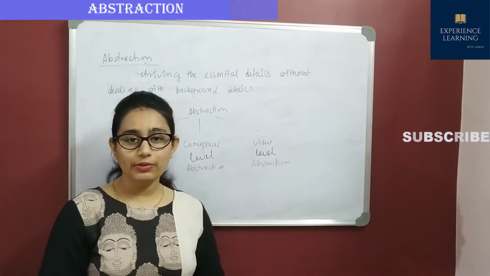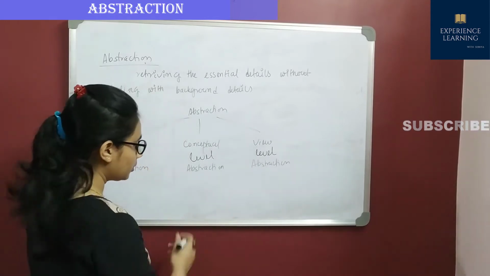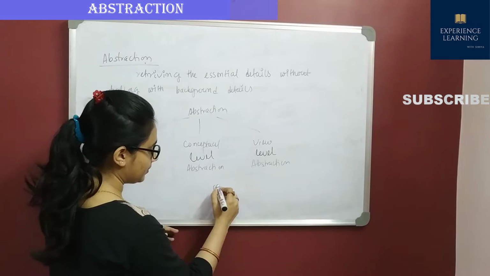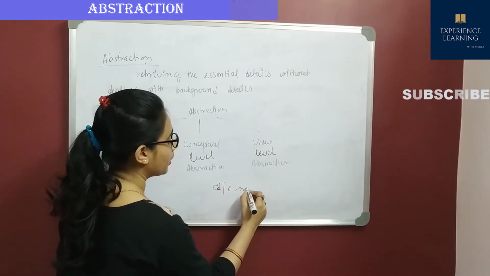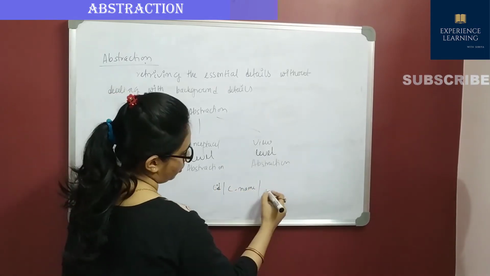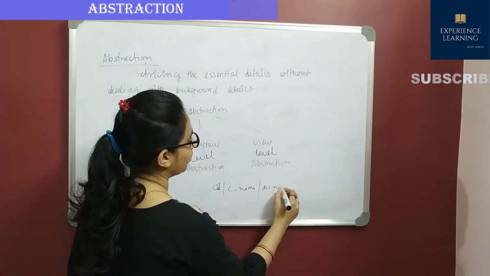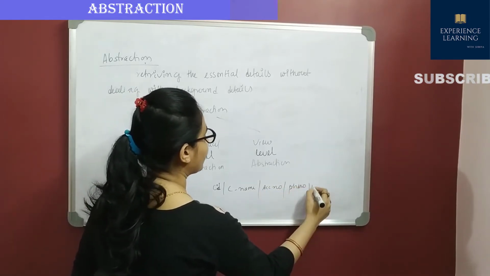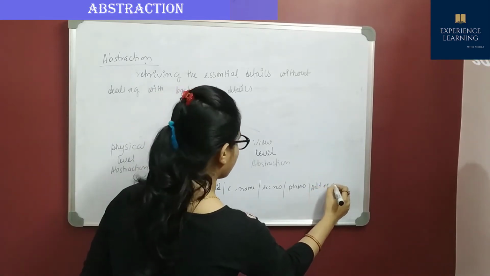And view level abstraction: maybe the total details of you are the customer ID, CID, CNAME, your account number, phone number, and address.